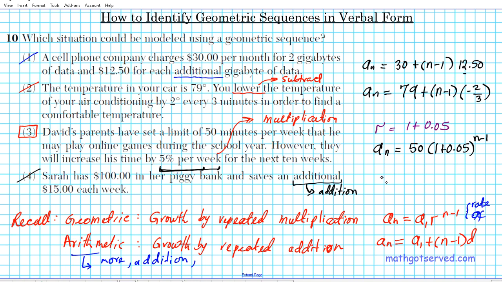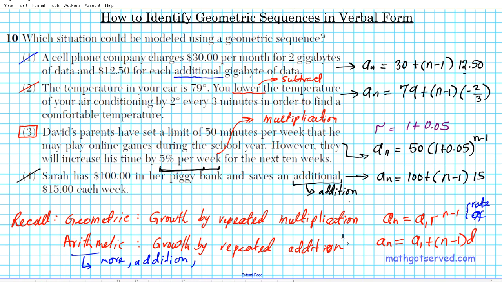Okay, so the nth term for this one is going to be the starting amount, $100, plus n minus 1 times the common difference, which is $15 every week. Okay, so you can see model 1 is arithmetic, model 2 arithmetic, model 3 geometric, and that's the one that we want. And model 4 is arithmetic.